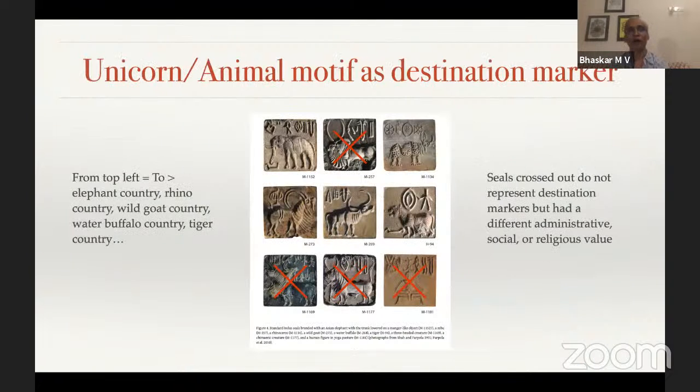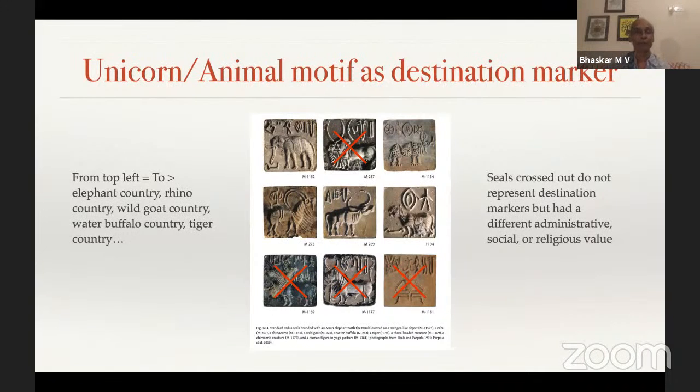So from unicorn, we now extrapolate to not only the unicorn as a destination marker, but also all other animals as destination markers, which we have seen a glimpse of when we discussed Lothal and the clay stampings at Lothal, where we also found the elephant and not just the unicorn.